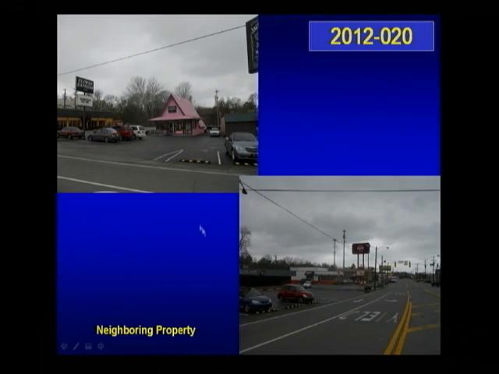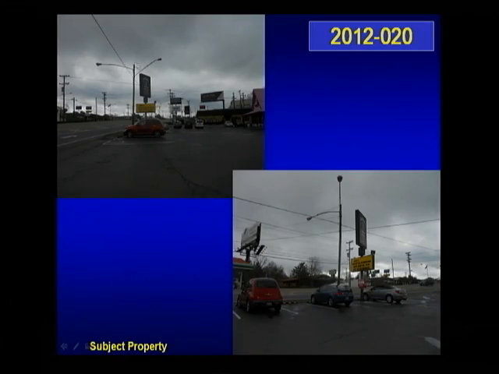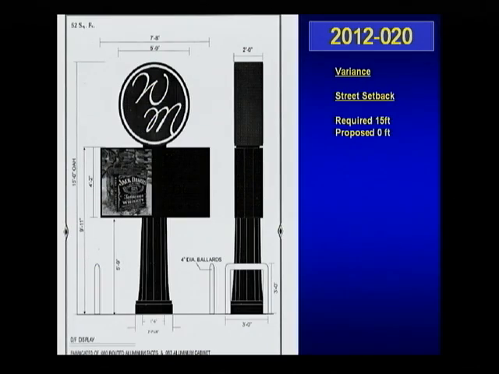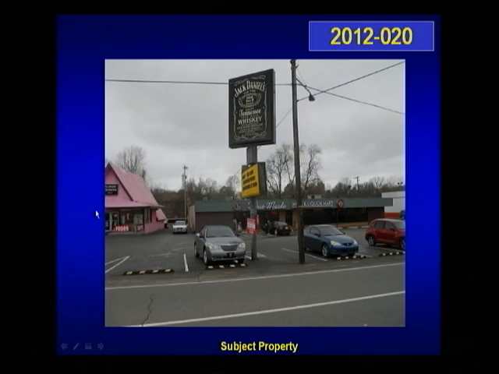The adjoining properties, Crystal to the north, the Flower Express property is immediately south, and the existing pole sign is located here. The proposal would be to erect the new sign closer to the building on their property, out of the right-of-way, but they are requesting to be with the leading edge, which you saw in the photograph of this LED sign, to the property line.